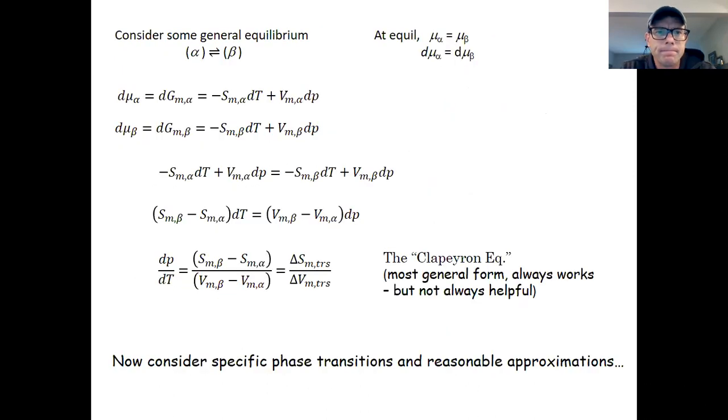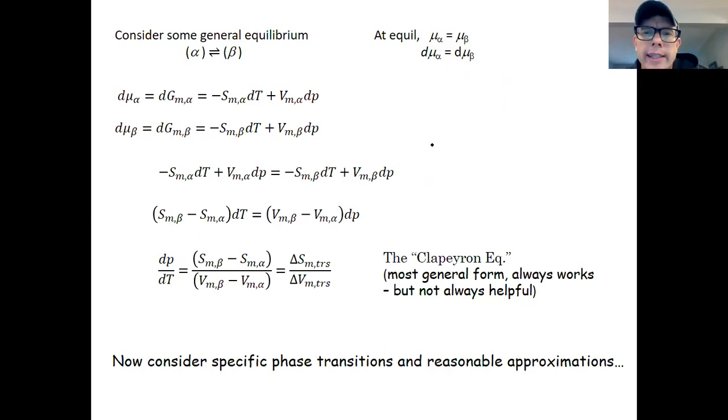Okay. I'll walk you all the way through this. We're going to do a very general derivation. So we're going to consider some general equilibrium, which I'm calling alpha to beta. It could be anything. At equilibrium, I know that the chemical potential of alpha is equal to the chemical potential of beta. Or in differential form, dμ_α is equal to dμ_β.